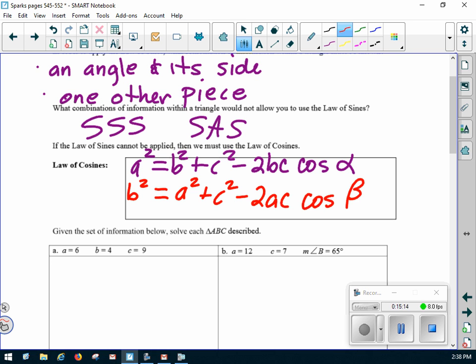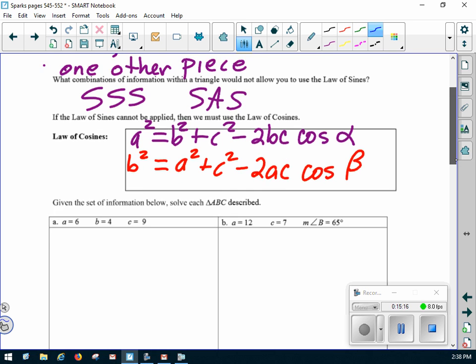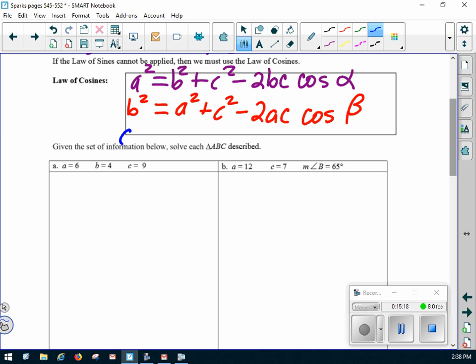C squared equals a squared plus b squared minus 2ab cosine gamma. That's it.